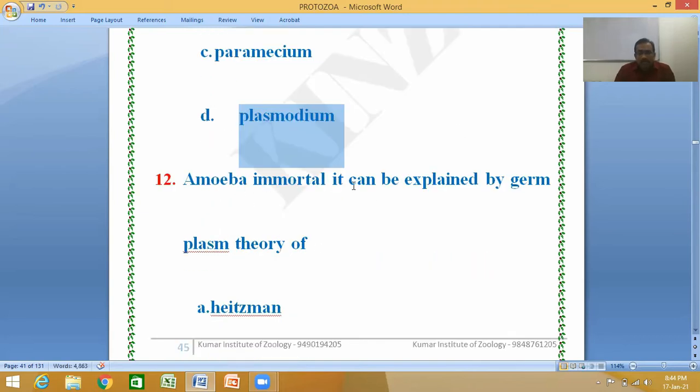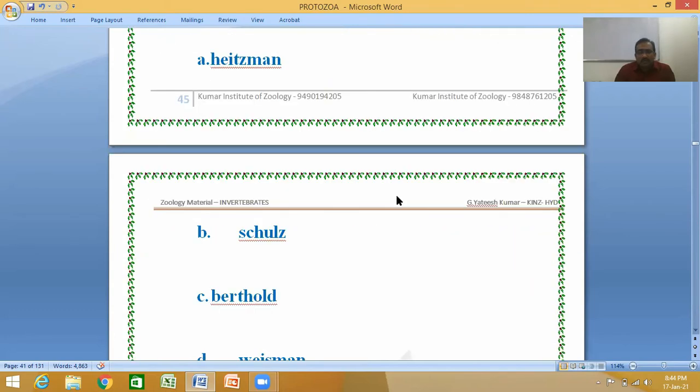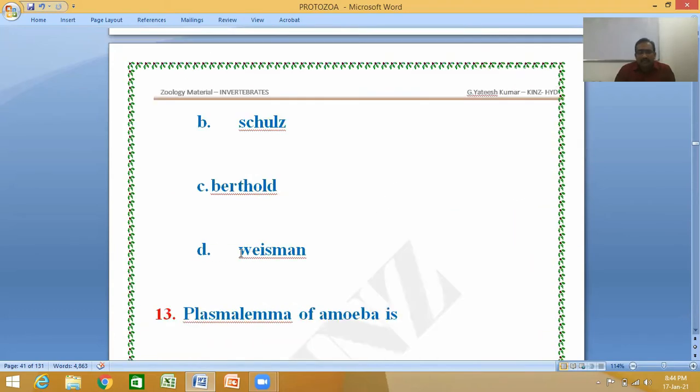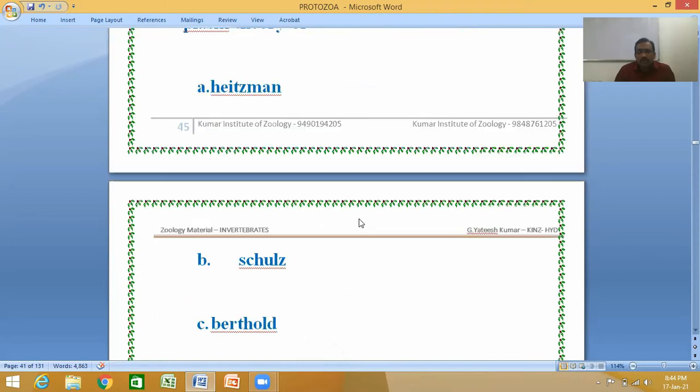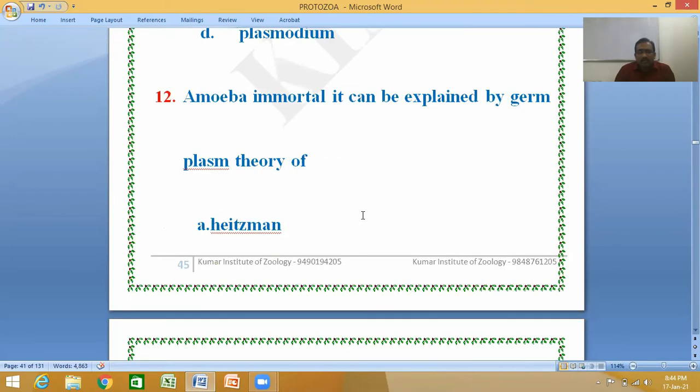Amoeba is immortal. It can be explained by the germplasm theory. Germplasm theory was proposed by Weismann, already in genetics. Based on this theory, amoeba is immortal.